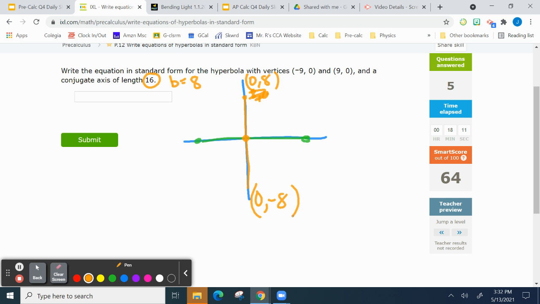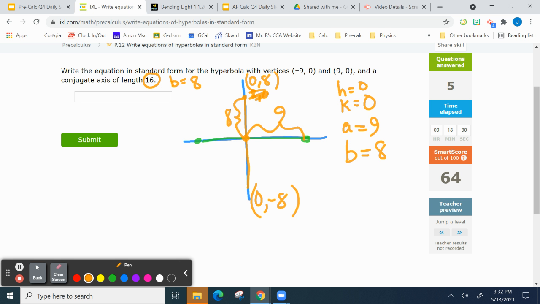So we have H and K. H equals 0, K equals 0. There's our A right there. A equals 9, and B equals 8, because that's the distance right there, right?